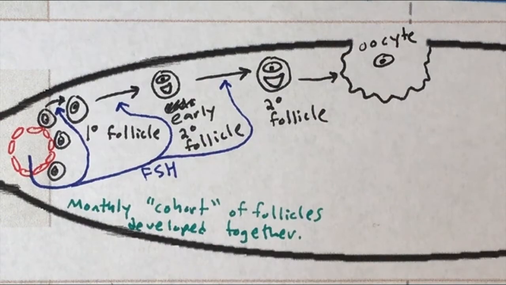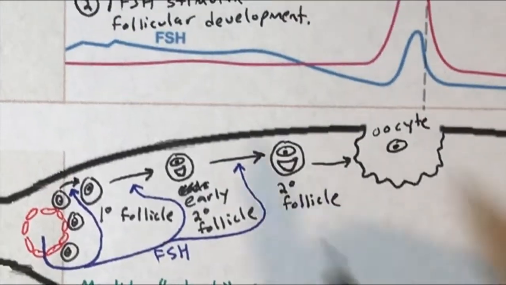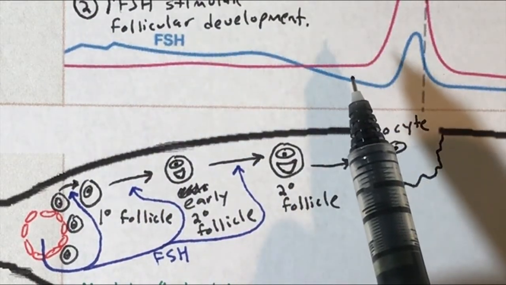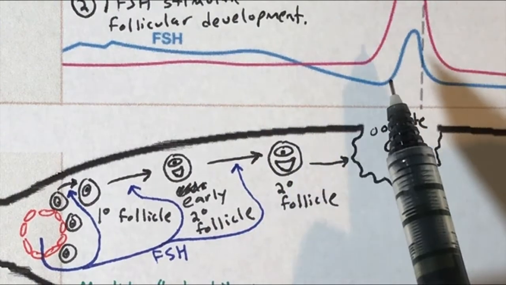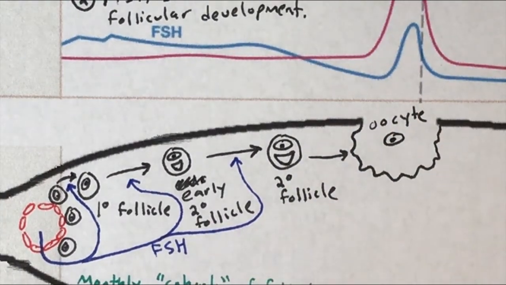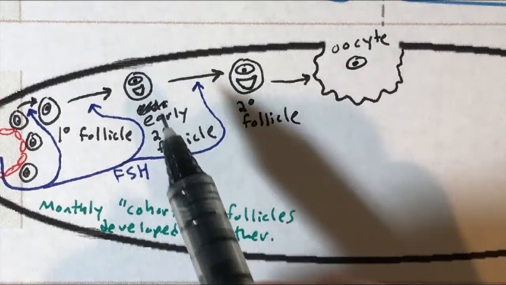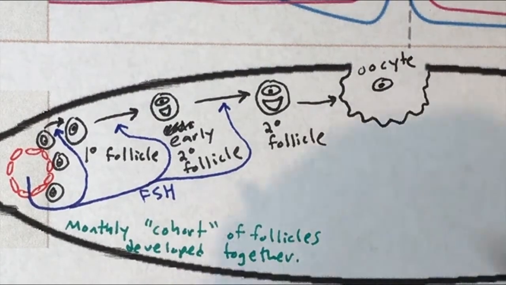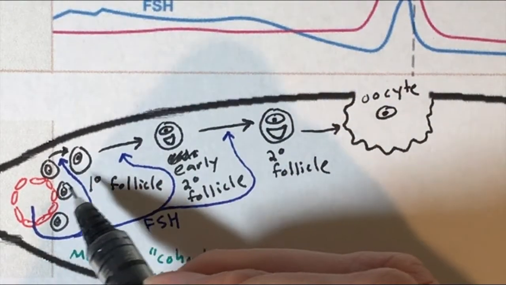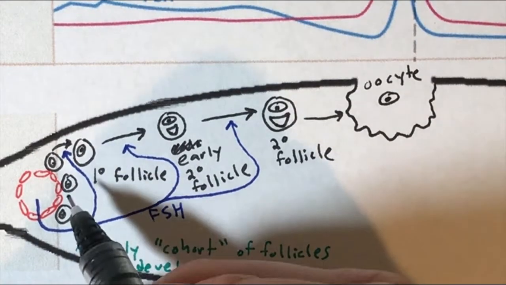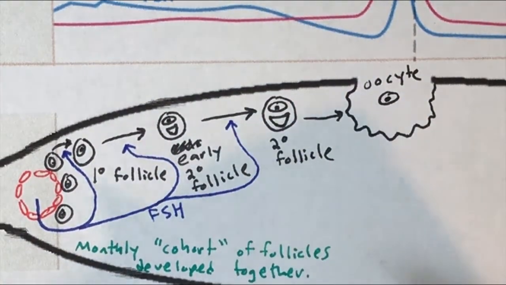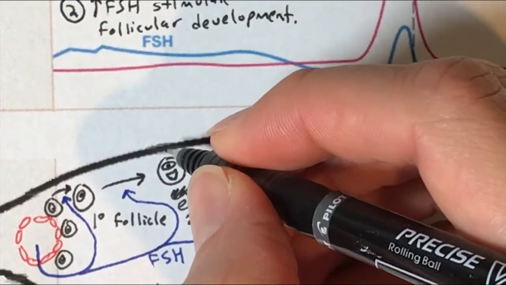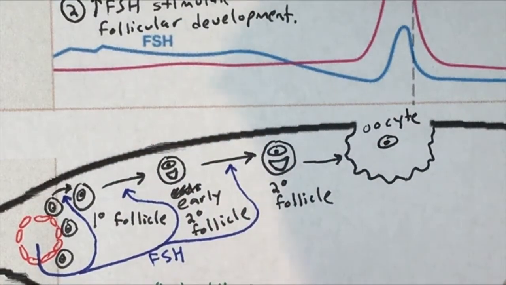So now let's make sense of why the hormones are fluctuating here. Why is it that FSH goes down while LH starts to go up and FSH doesn't go up as much? So the key here is what's going on inside these follicles. So once FSH develops the immature eggs into early secondary follicles, something that the early secondary follicle starts to do is it starts to produce a low amount of estrogen.